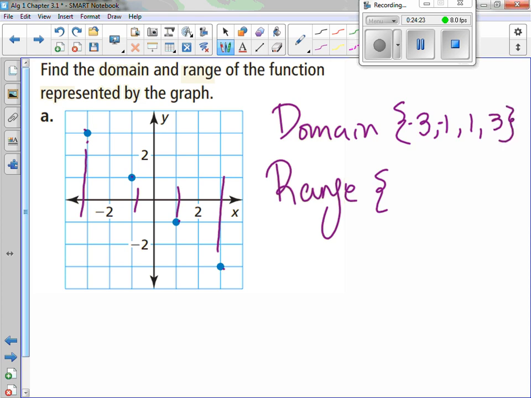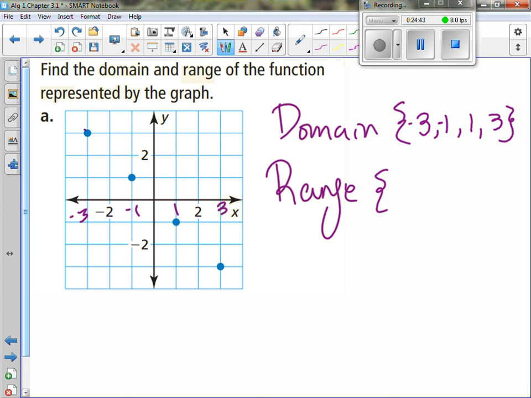Negative 3, negative 1, 1 and 3. Those are our domain values, because we're looking at the x. We want to see where they are located on the x-axis. So it'd be all 4 of these.